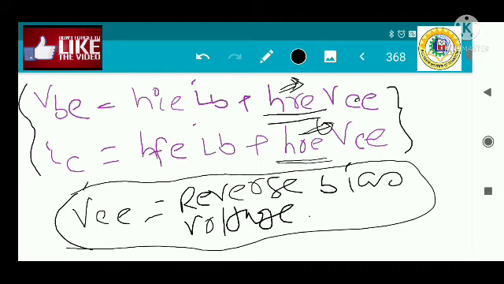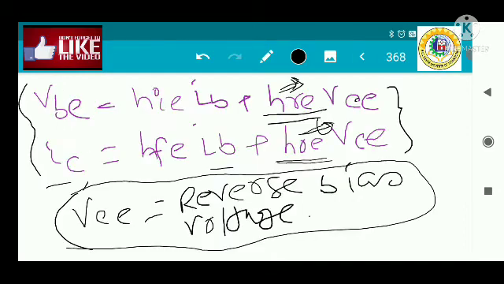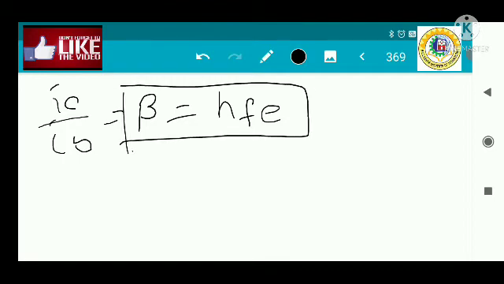Now if you can ignore these two, then your IC divided by IB is your beta, and in this case from this equation this is your HFE. Okay, so beta is nothing but your HFE. So this is the one thing associated with this if we just ignore the early effect of this transistor.